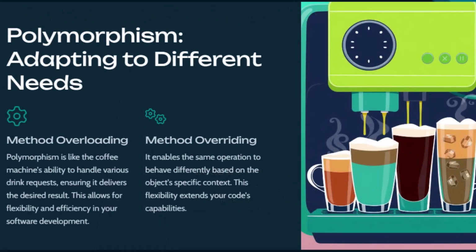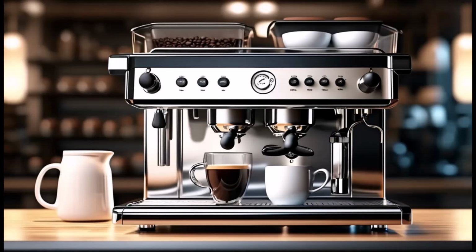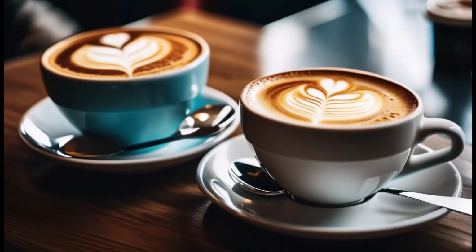Polymorphism. Polymorphism is like the coffee machine's ability to handle different requests, whether it is a cappuccino or a flat white. The machine adapts to deliver the desired drink.